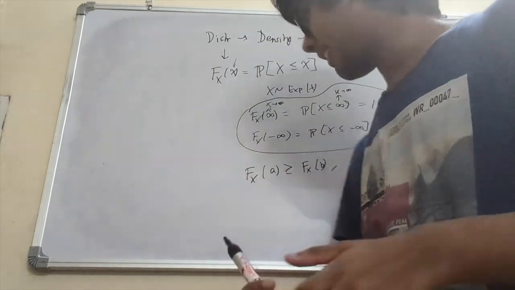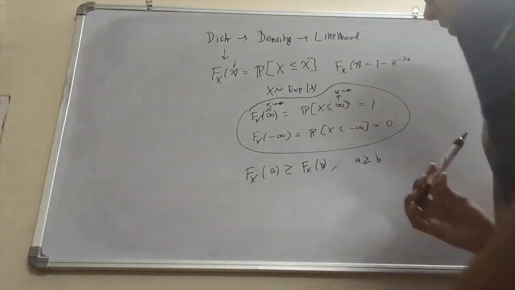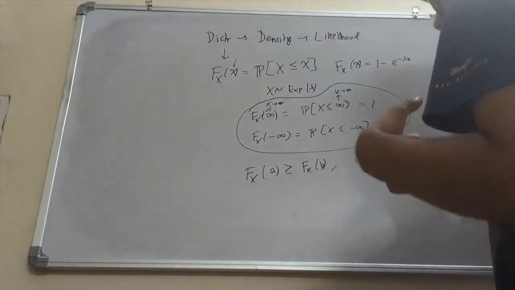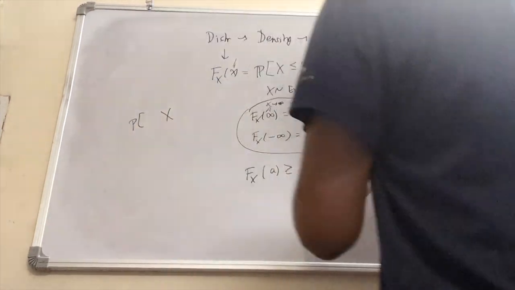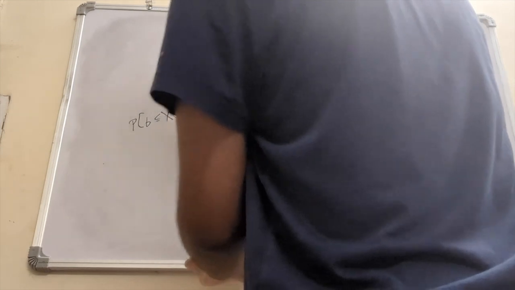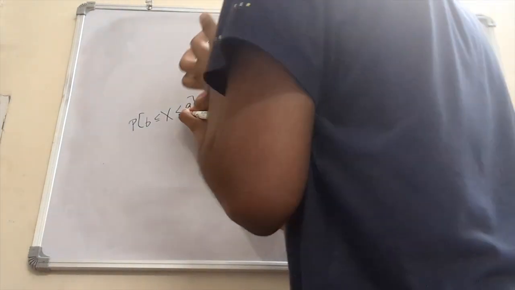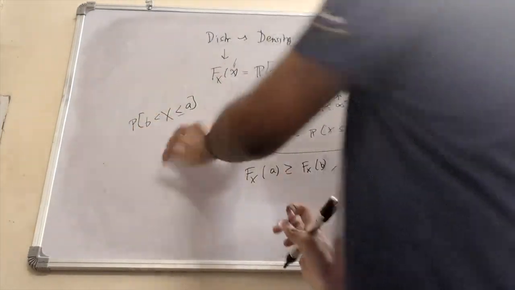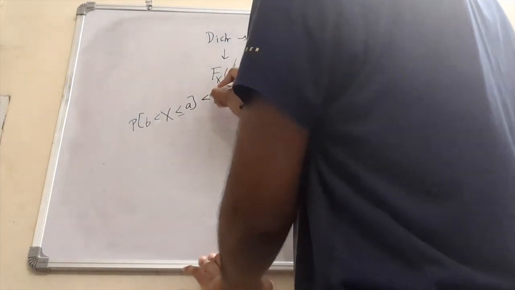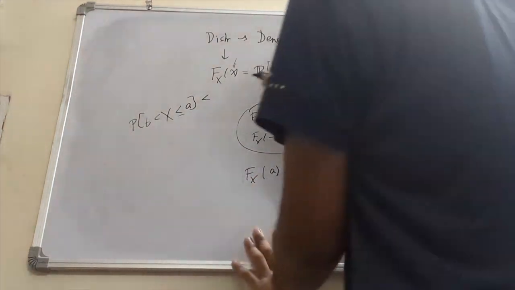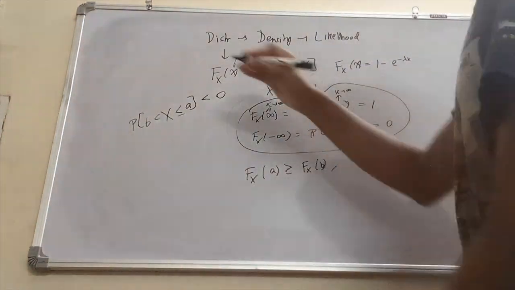Let us say that F_X(A) is less than F_X(B), where A is greater than or equal to B. That would mean that the probability would be less than 0.